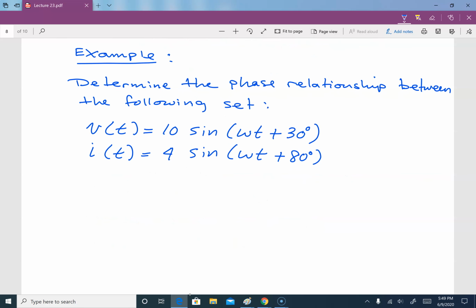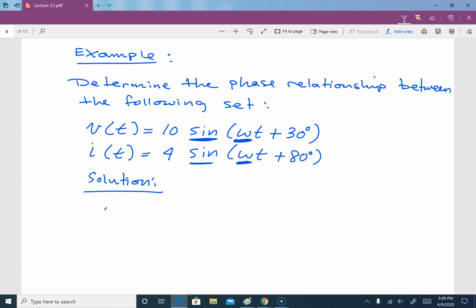So the solution here. First we look, is the angular frequency the same? Yes, this is omega, this is omega, they are equal. Now we look, is this expressed in sine and this is in sine? Then we can do that.